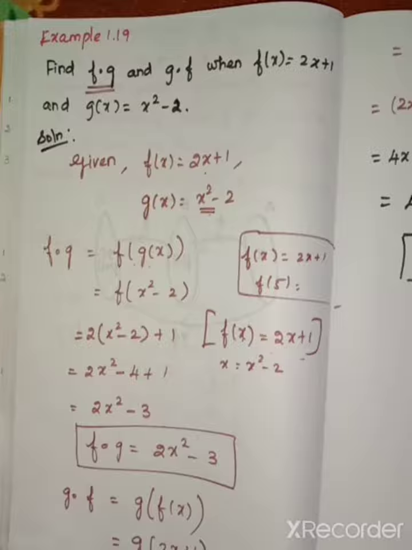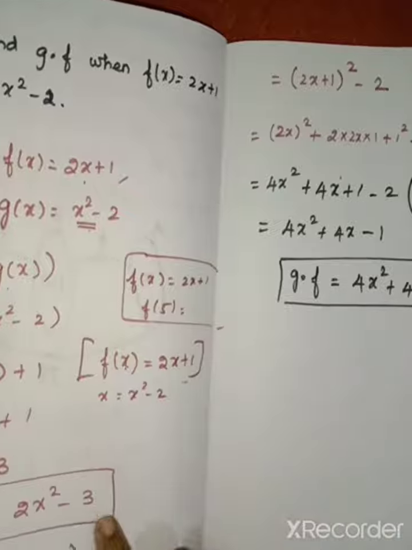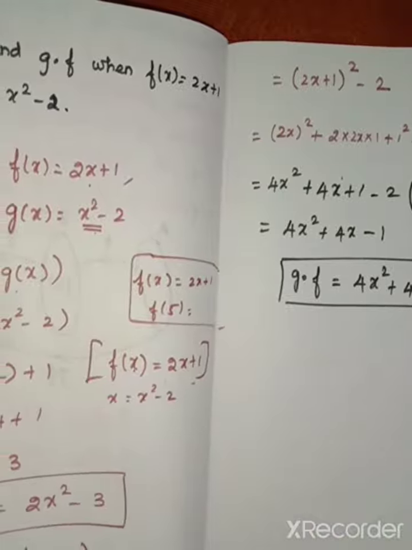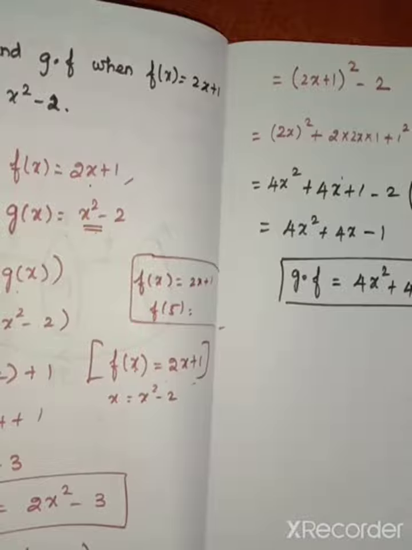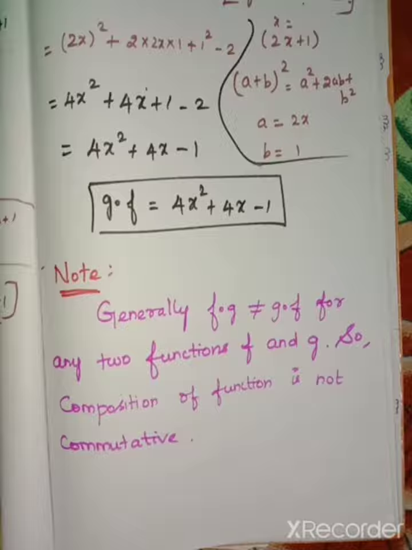Then here we want to check whether f of g and g of f are equal. No, it is not equal, because there is one note: generally f of g is not equal to g of f for any two functions f and g. So composition of functions is not commutative for two functions.